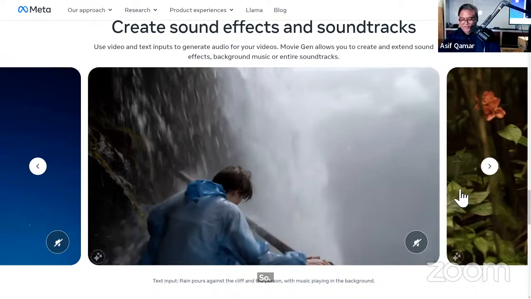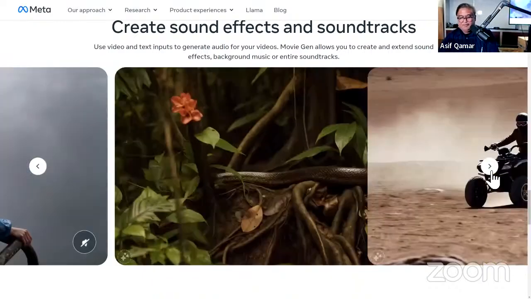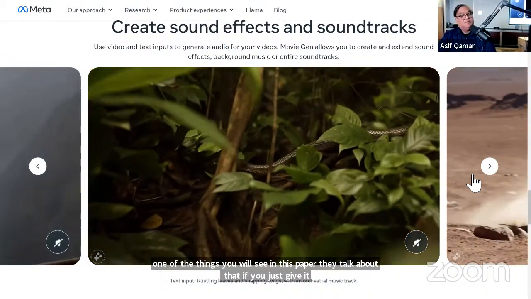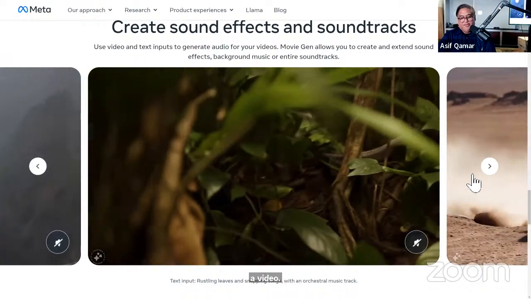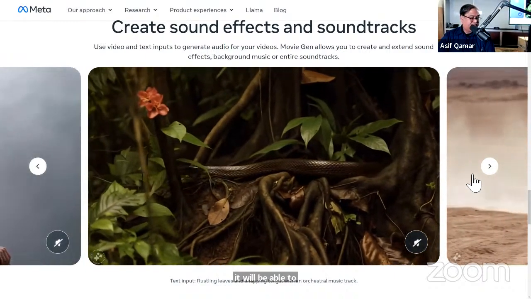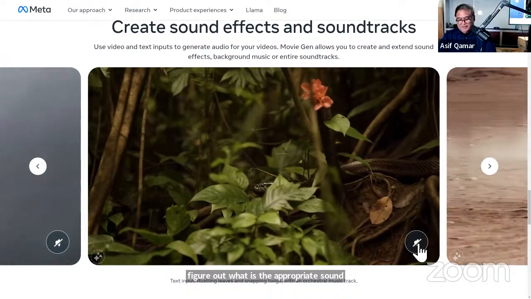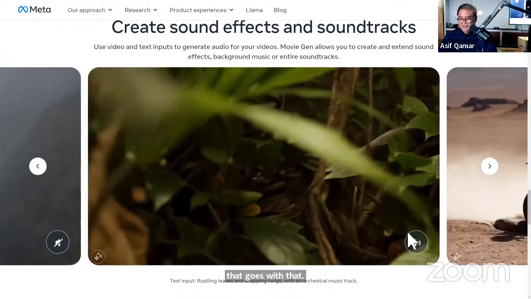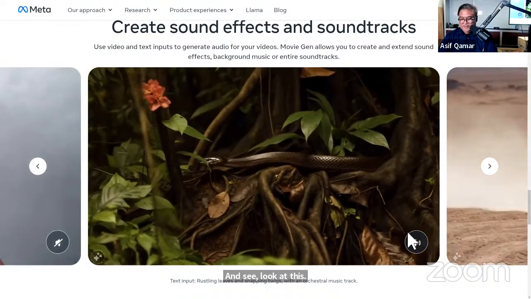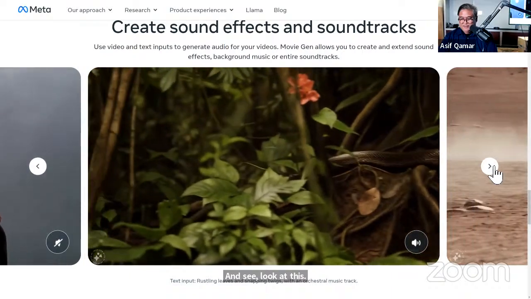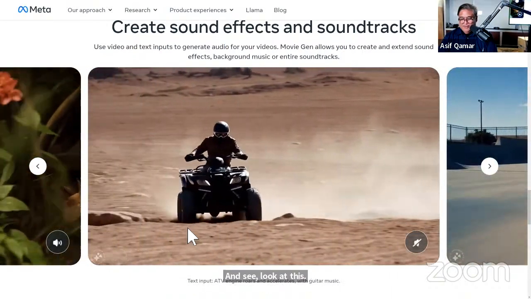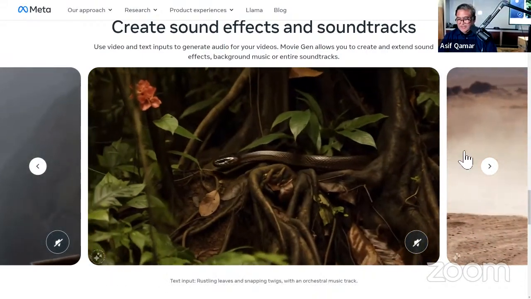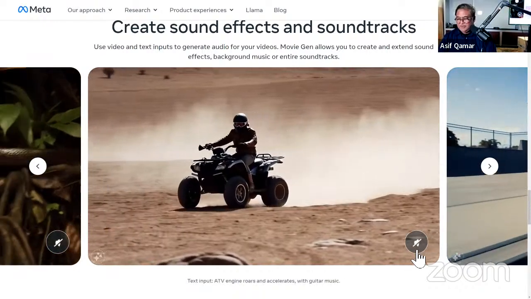One of the things you will see in this paper is that if you just give it a video, it will be able to figure out what is the appropriate sound that goes with it. And finally, I suppose this is the last demo.